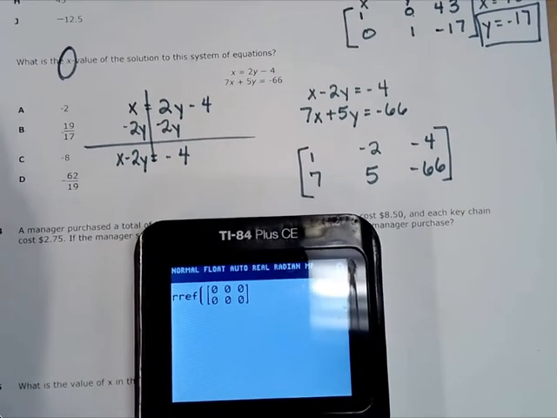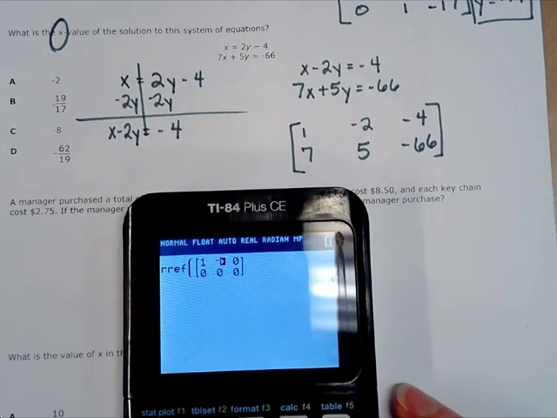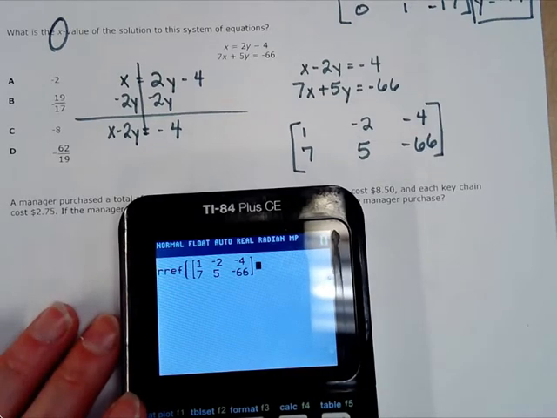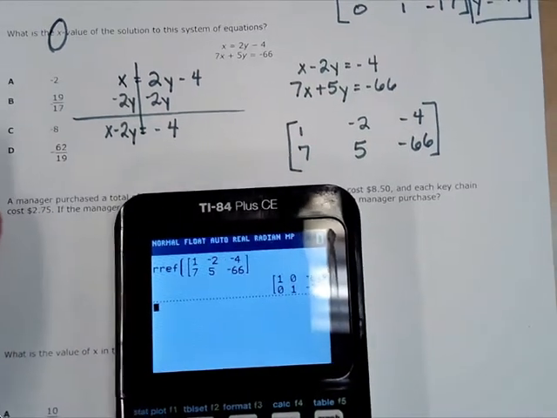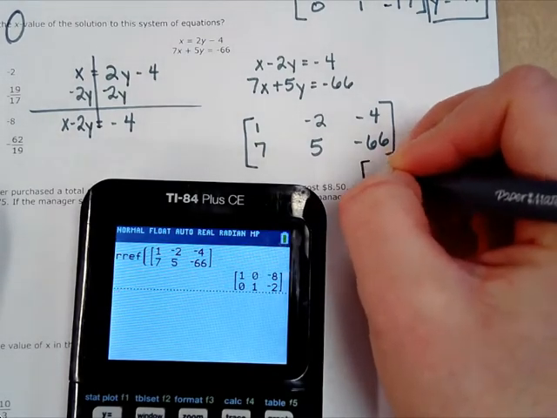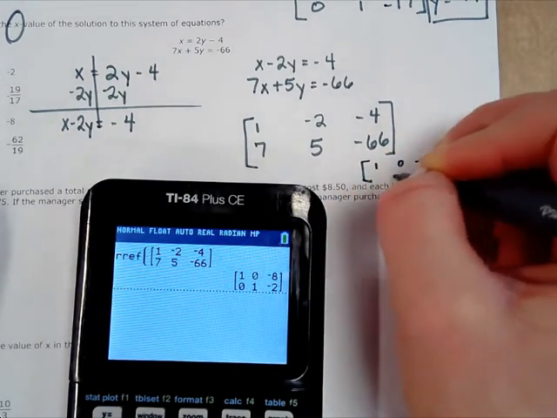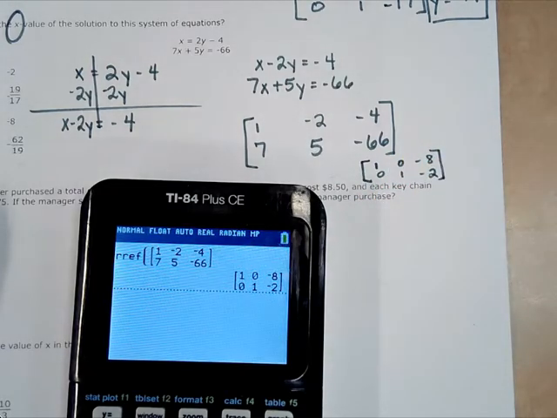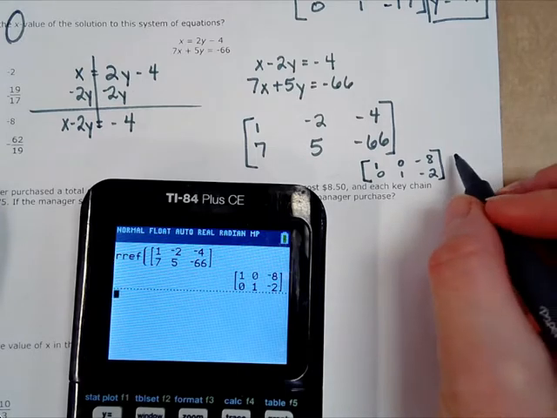Plug in your numbers. So the outcome is 1, 0, negative 8, 0, 1, negative 2. But it's looking for the x this time, so which value is x? Yep.